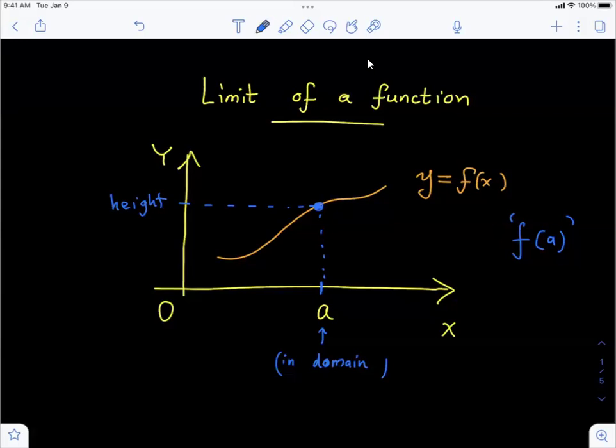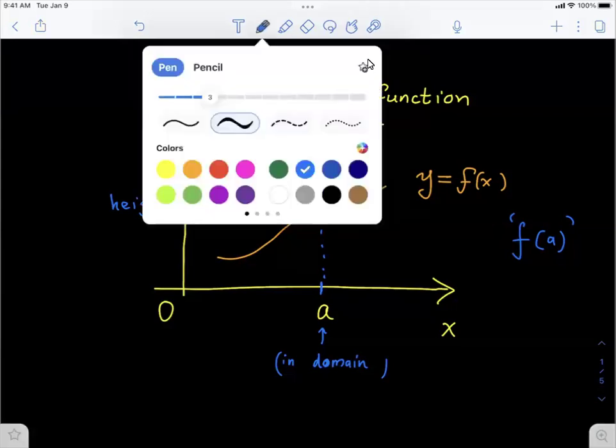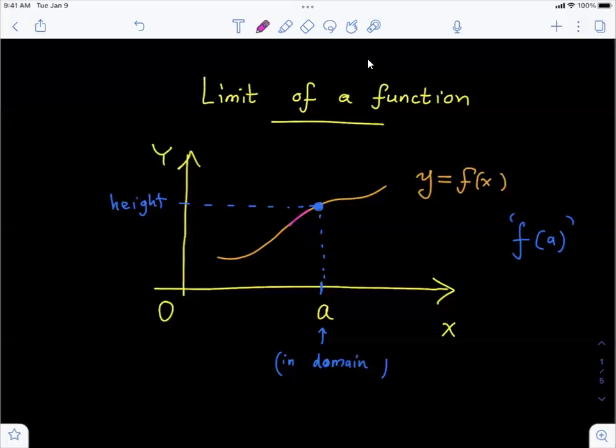And for this particular computation, for the value of f of a or f at a, we do not need to be concerned about the behavior of the function around that particular point. For instance, whatever happens around this graph, like let's say on the left side, on the right side, whatever the mystery happening in this region, whatever mystery happening in that region, it doesn't really matter. All you're looking at would be exactly a function value evaluated at a given point.